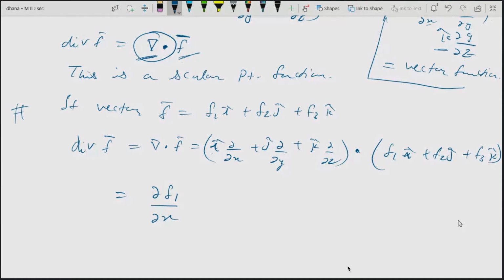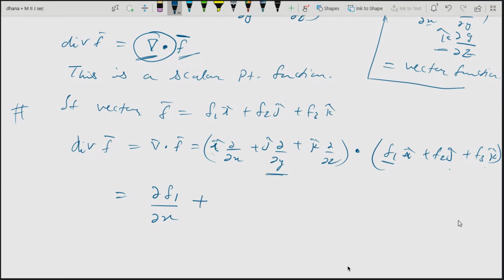Then again you will have i dot j. What is i dot j? 0. Similarly, i dot k will also be 0. So all the remaining two terms with the dot product of the first term of this operator will be 0. You will have only this term F1 which you need to partially differentiate with respect to x.